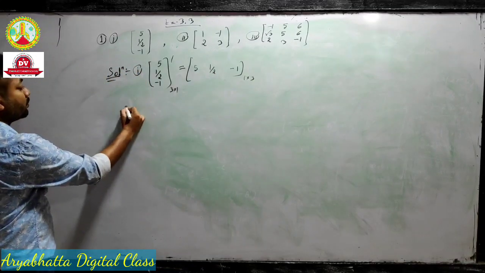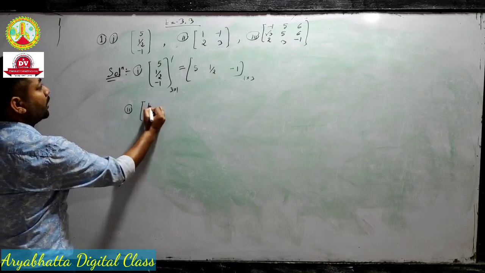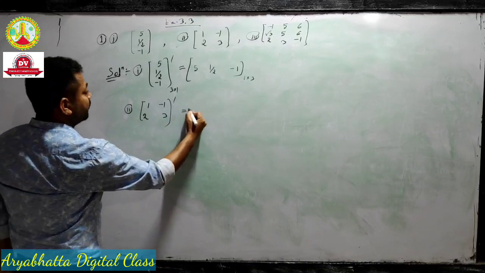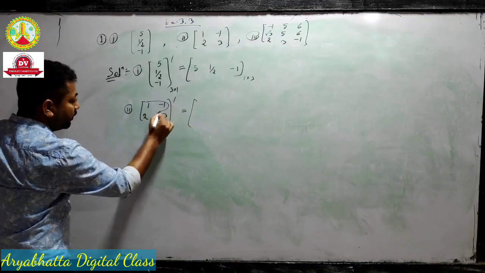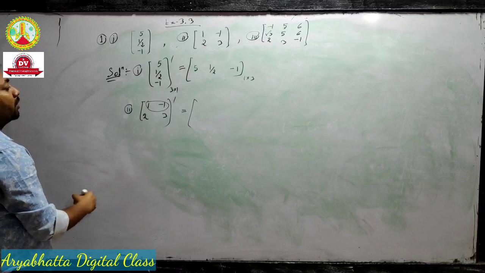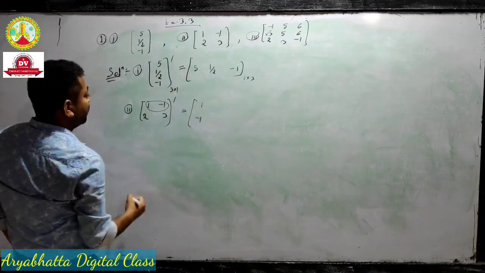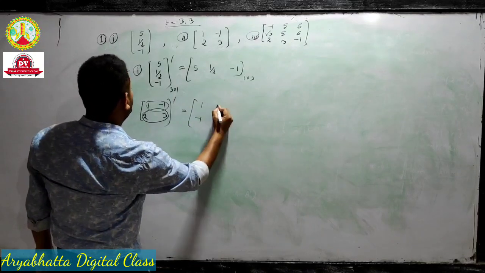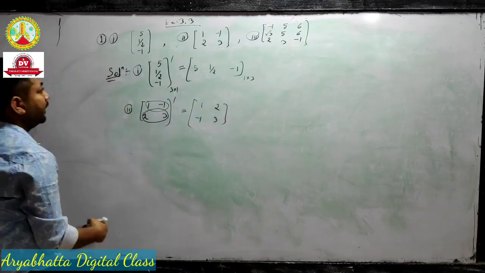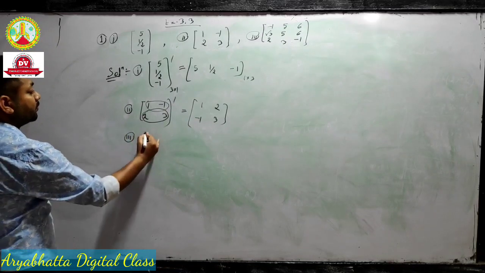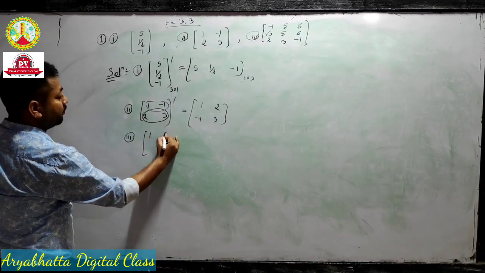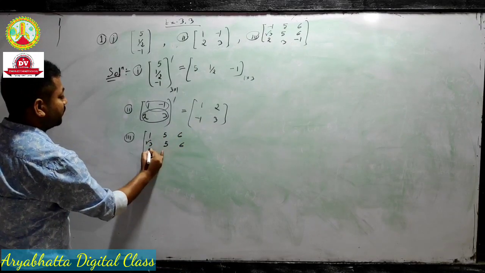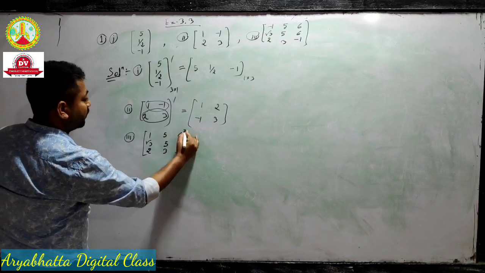Next, question number 2: 1, minus 1, 2, 3. Transpose equal to interchange the first row into first column. Then we have 1, minus 1, second row into second column, 2, 3. Next, number 3: 1 5 6, root 3 5 6, 2 3 minus 1.